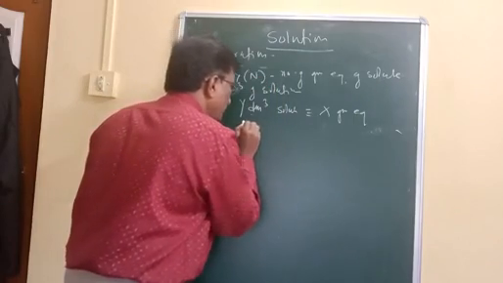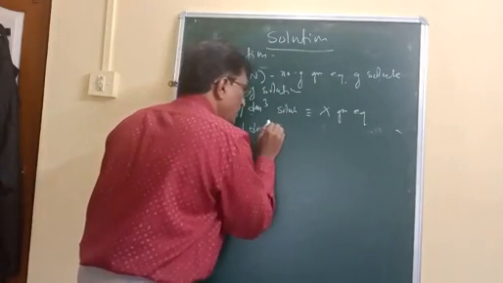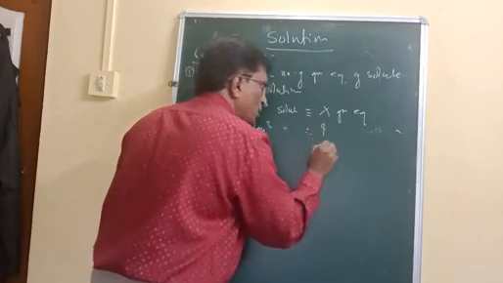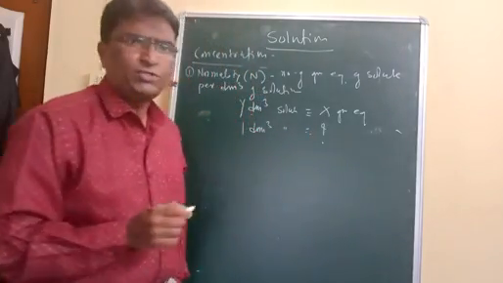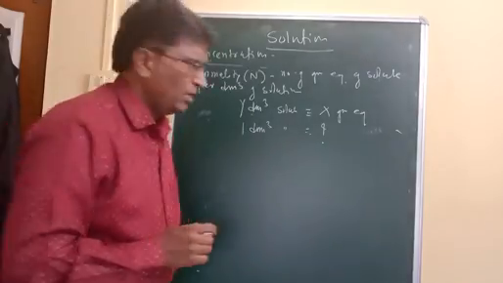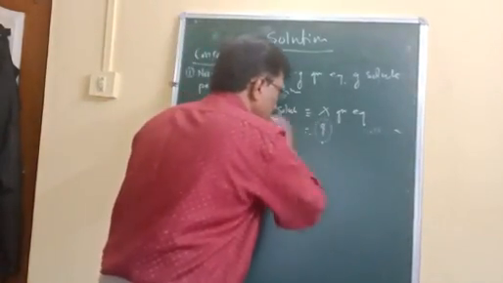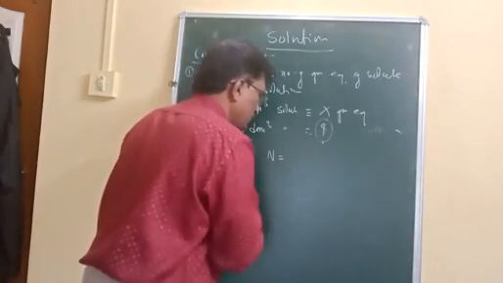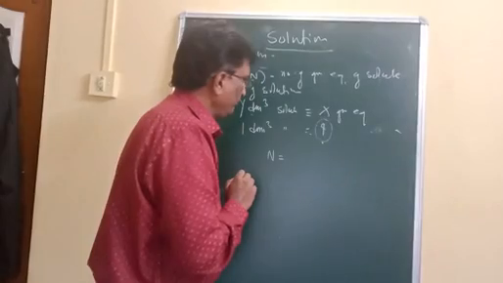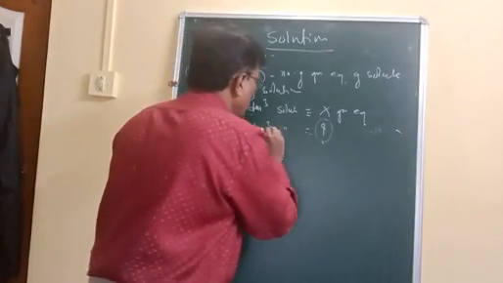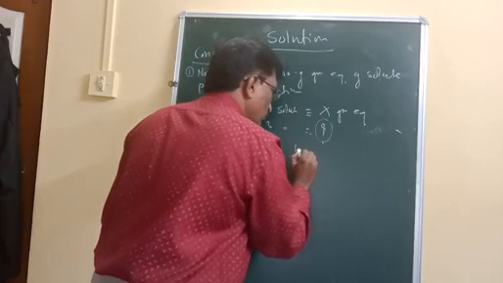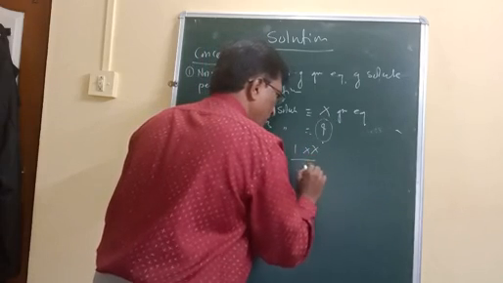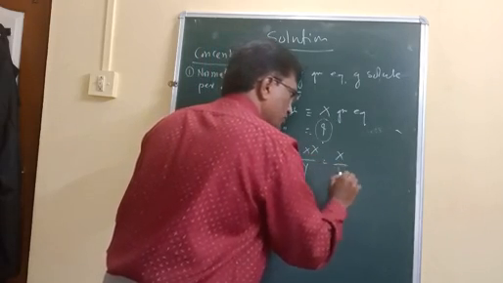Then according to the definition, 1 dm cube solution contains how many gram equivalents? That is normality. So N is equal to 1 dm cube into x divided by y, that is x by y.